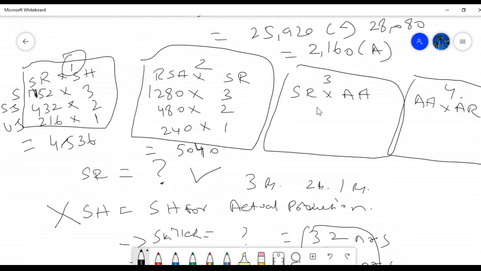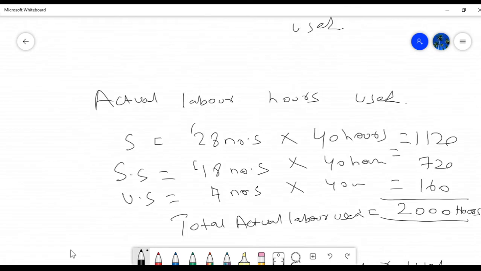Actual labor hours used equal to 1120, 720, 160. How we identify? 28 into 40, 18 into 40, 4 into 40. So 1120, 720, 160. That is the actual labor hours we use.